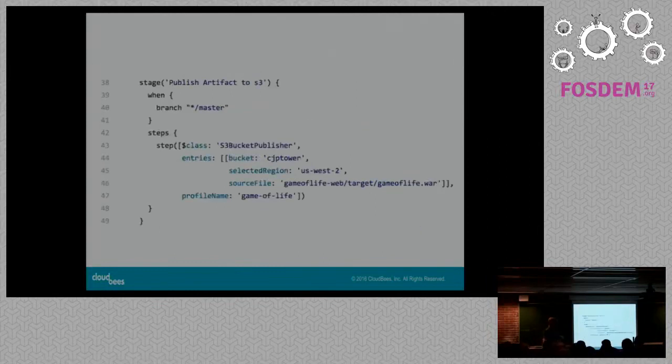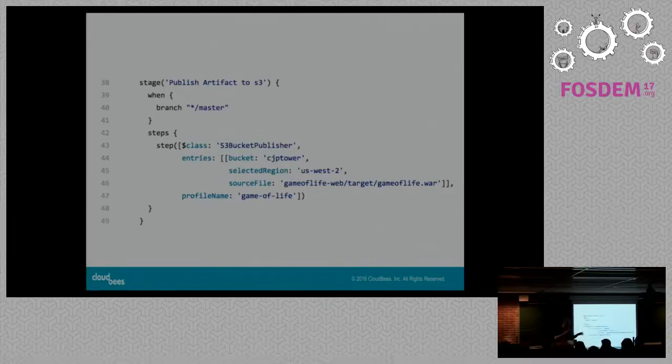Now we have another stage here that has the when condition. When is evaluated to determine whether we're going to execute the stage. The example I have here is using one of the built-in conditions. We're adding more there as well. The built-in condition here is branch.